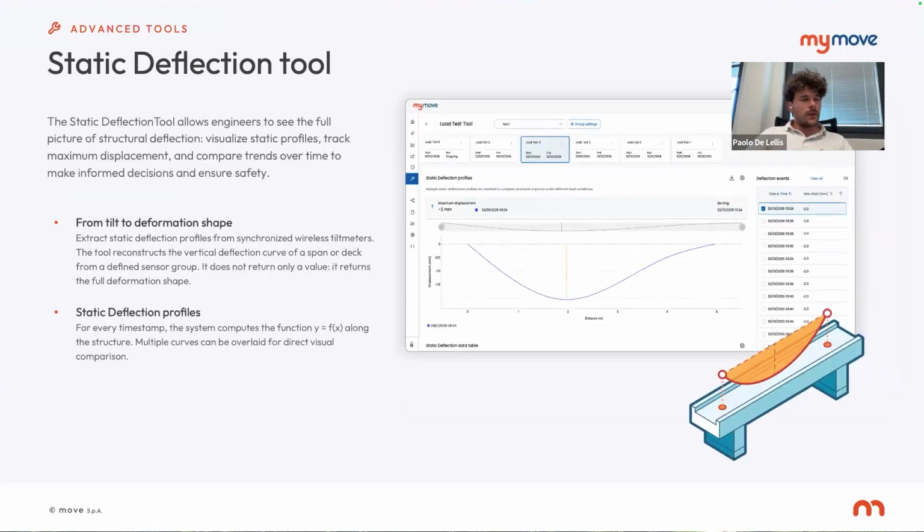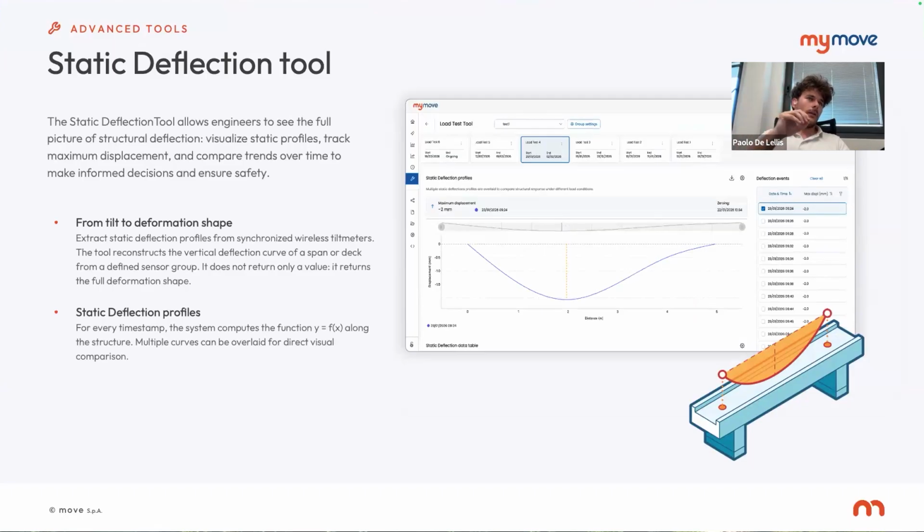The other important tool that we released in, I think, April or March is the static deflection tool. We already have the static deflection tool in the old version of the platform, but we want to increase the data that you can obtain from the tool, and so you can find it with a new UI.